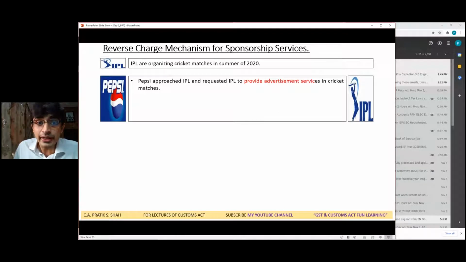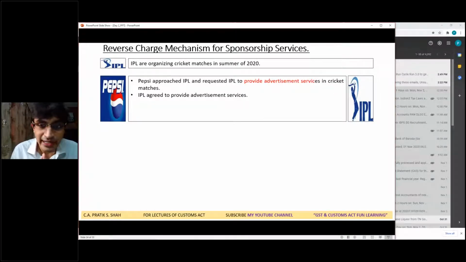So who is a supplier? IPL. Now Pepsi approached IPL to give advertising service.